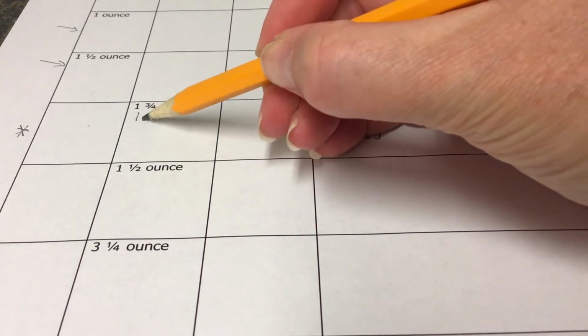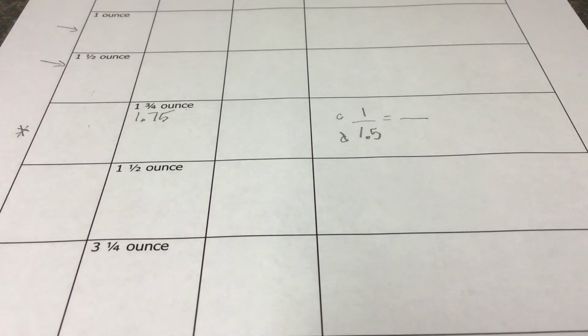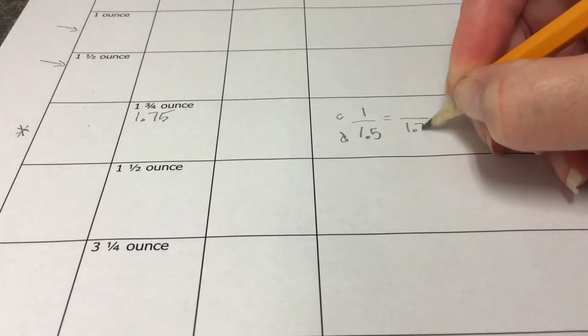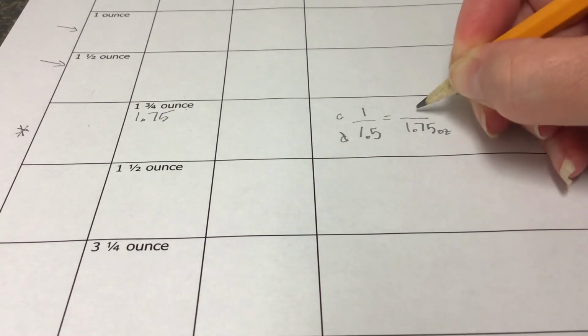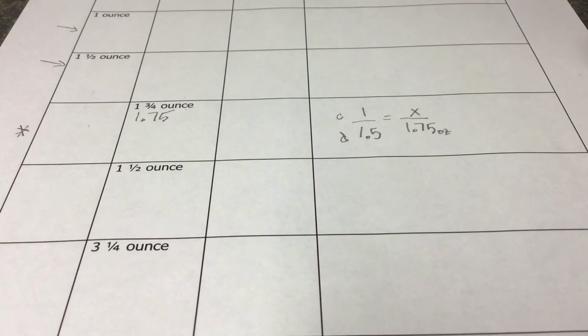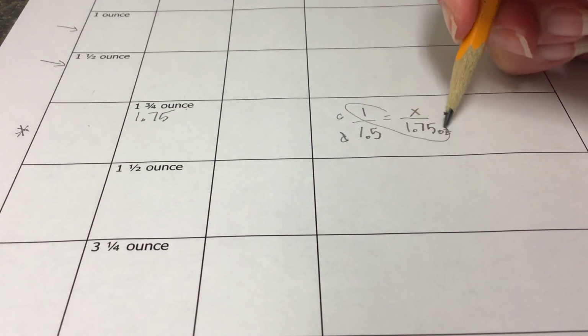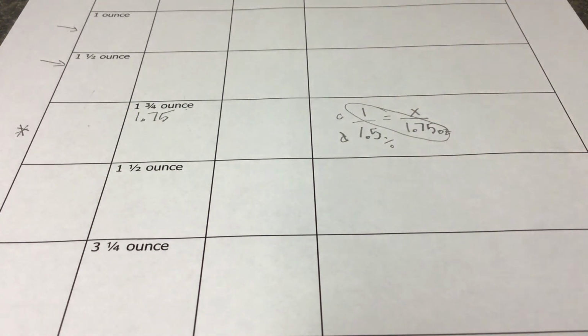But this 1 3/4 is 1 3/4 of developer. So that developer goes on the bottom. And we don't know how many ounces. To solve it, you cross multiply and then divide by this extra number.